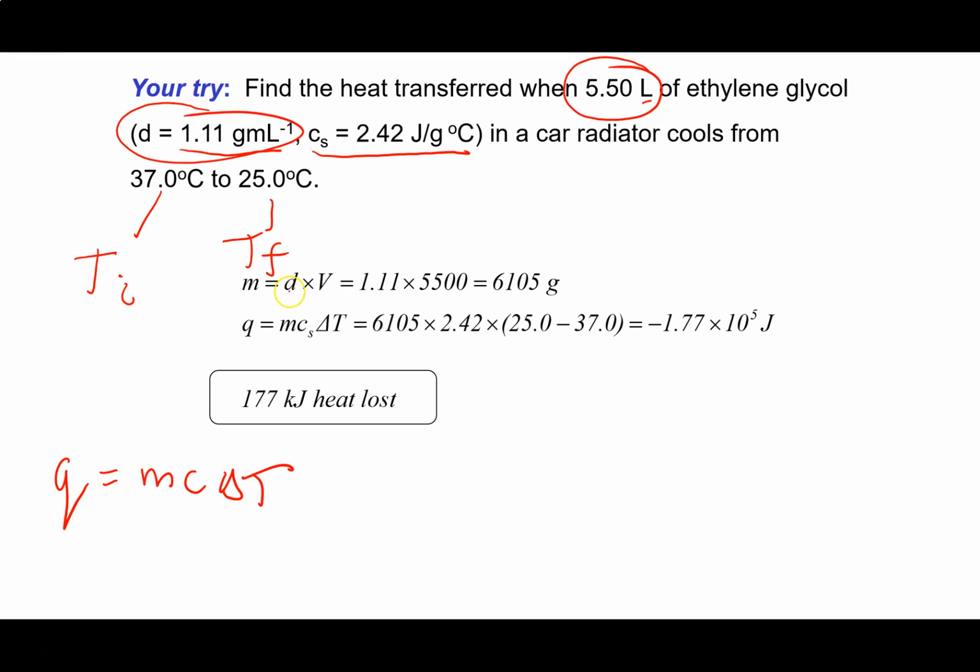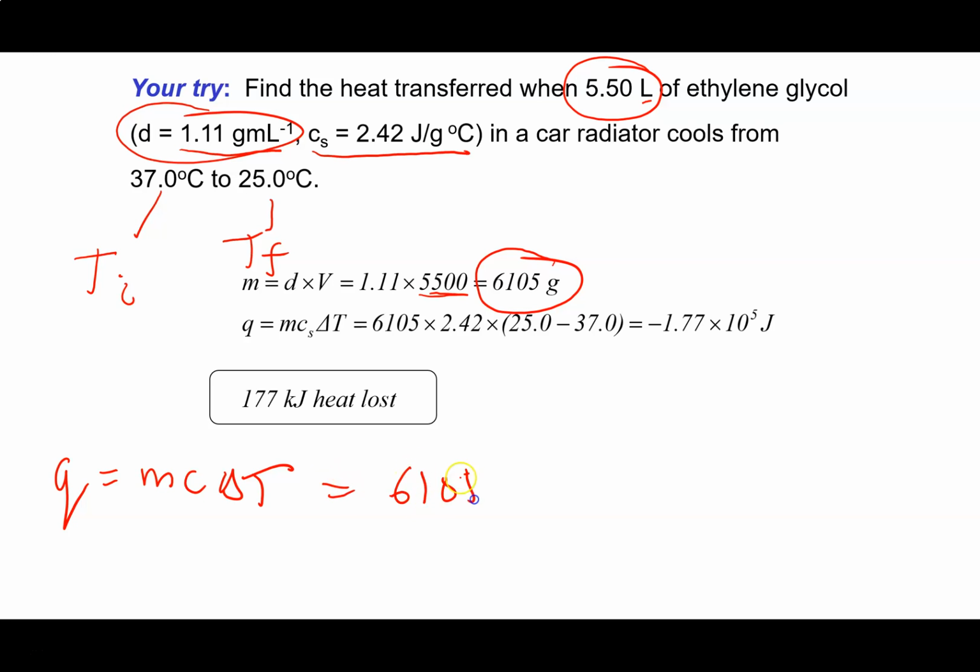So to get my mass, I'm going to do my density times my volume. So I've got 1.11 grams per milliliter, and then I've got 5,500 milliliters because I've got 5.5 liters. So I've got like 6,105 grams. Okay, so that's my mass there.